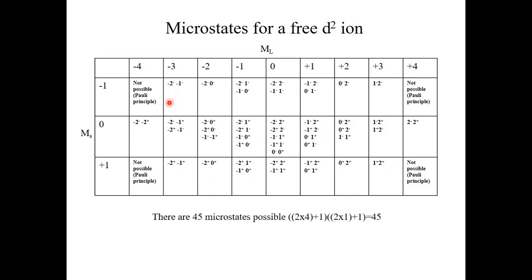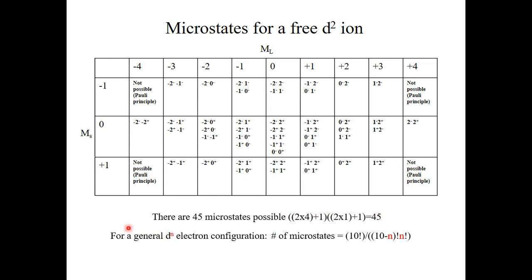So now this box is defined by... I forgot to say that overall there are, in this case, 45 microstates possible. That is because we have, well, 2 times 4 plus 1 times 2 times 1 plus 1, equal to 45 microstates, according to the formula 2L plus 1 times 2S plus 1, representing the number of microstates.